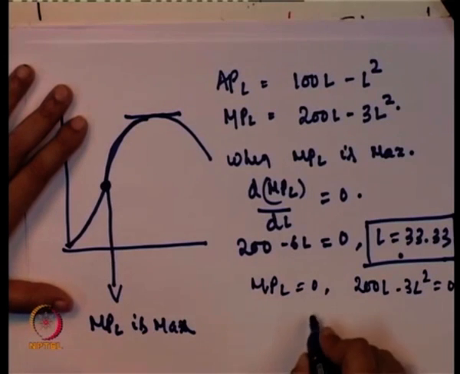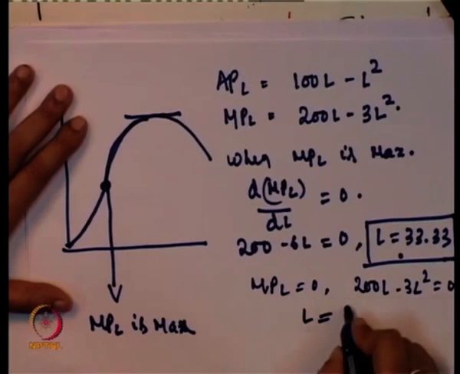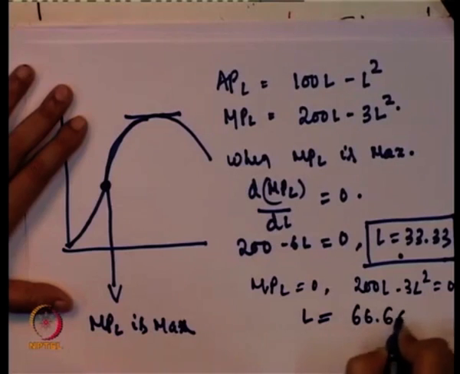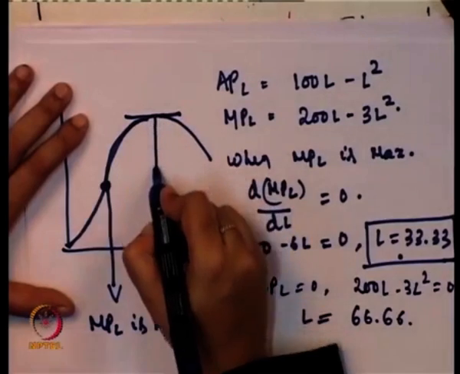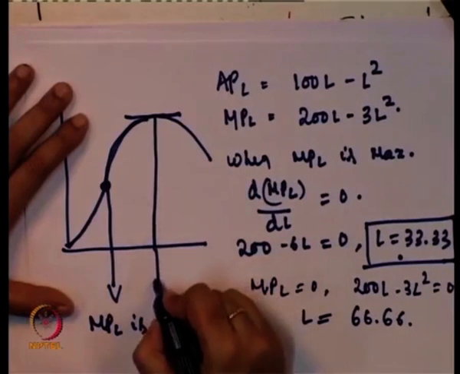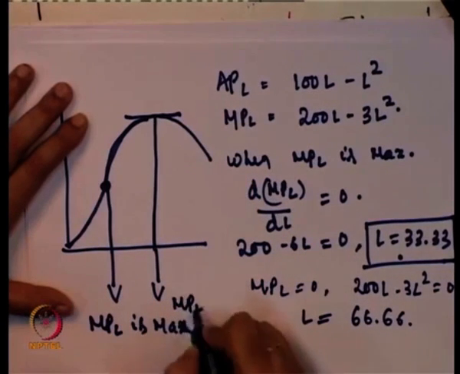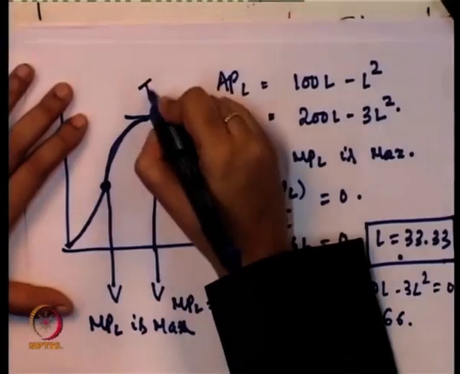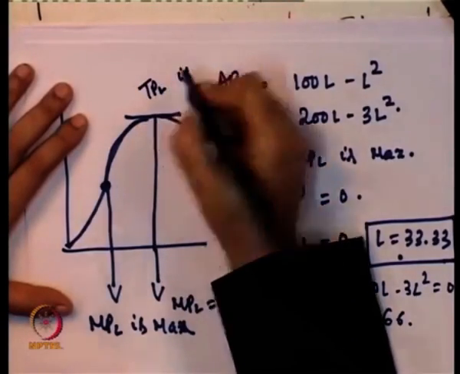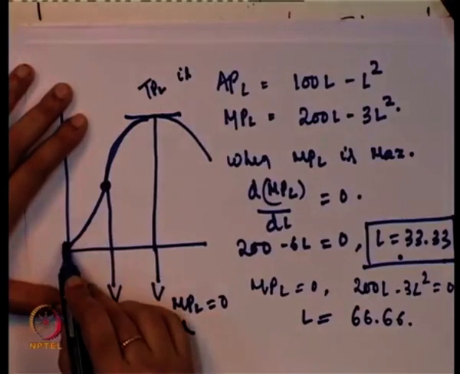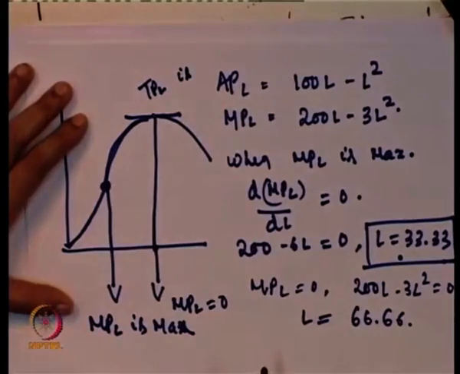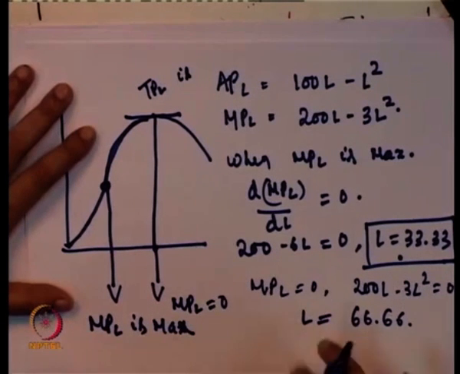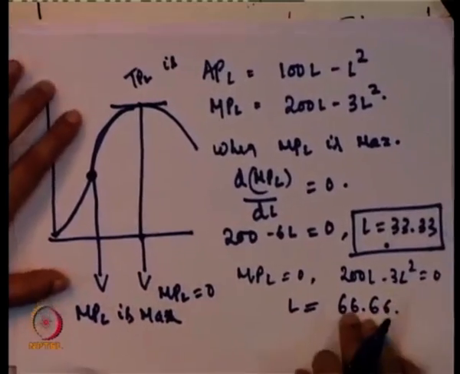So, in this case L is equal to, if you find out, 66.66, and this value of L comes at this point, because corresponding to this MPL is 0 and TPL is maximum. So, if you remember, till this point, this is your point beyond which the law of diminishing return sets in.